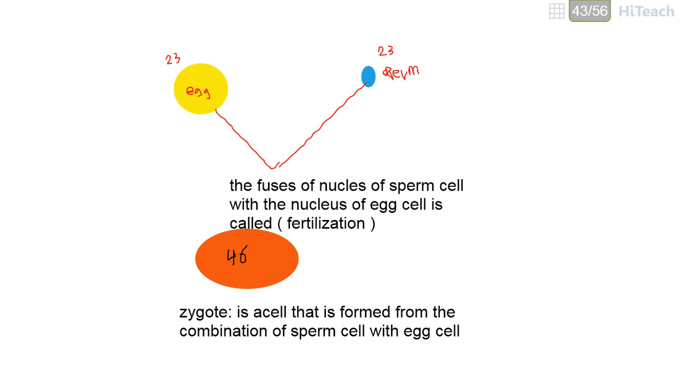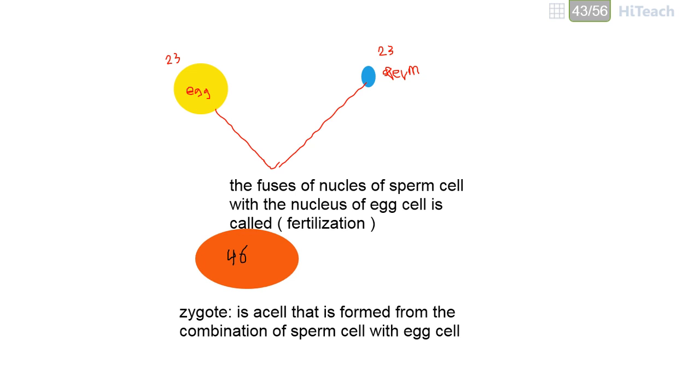This cell will start to divide and divide and divide to make the full human being, the full organism. So we started from one cell, the zygote, which was formed from the fusing of the sperm cell from the dad and the egg cell from the mom.